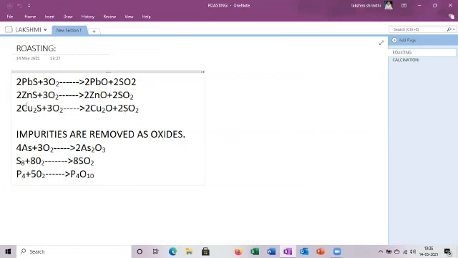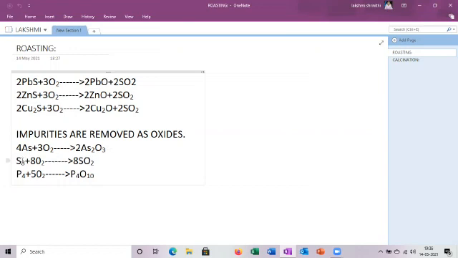All these are sulfide ores. When I apply high temperature in the presence of excess of air, these are converted to the oxides. This process is referred to as roasting. Some impurities will also be removed as their volatile oxides. Arsenic, As, is removed as arsenious oxide, As2O3.